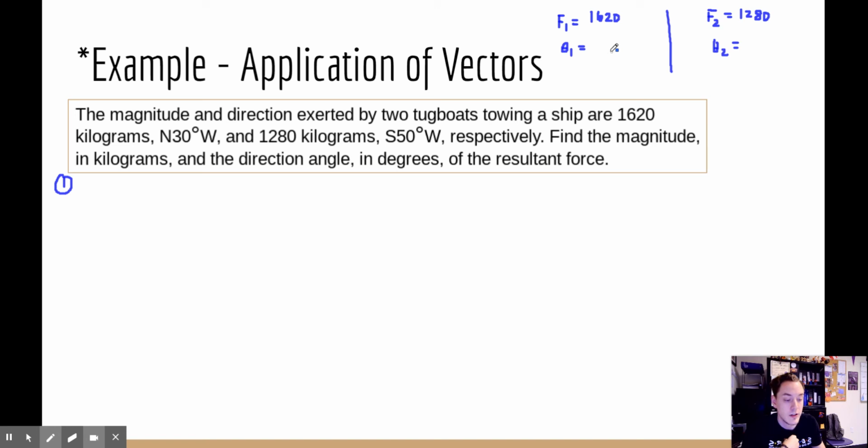I plug it into the formula that we found 2 slides ago, so I can find my vector for each. I'm then going to add those vectors, because I want to find the magnitude in kilograms and the directional angle of the resultant force that's adding them.